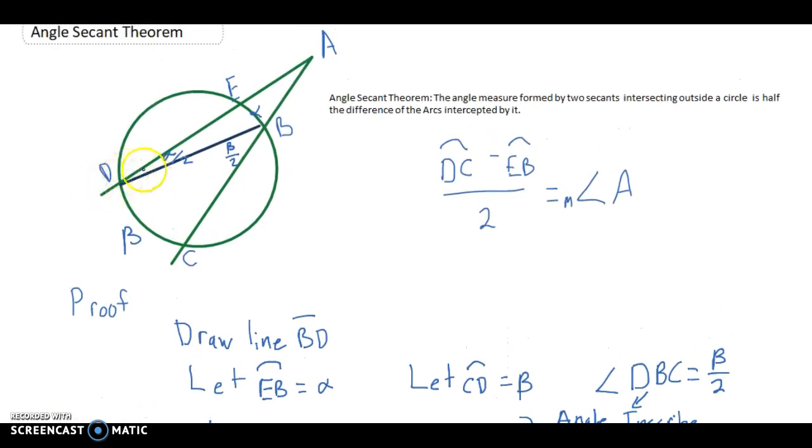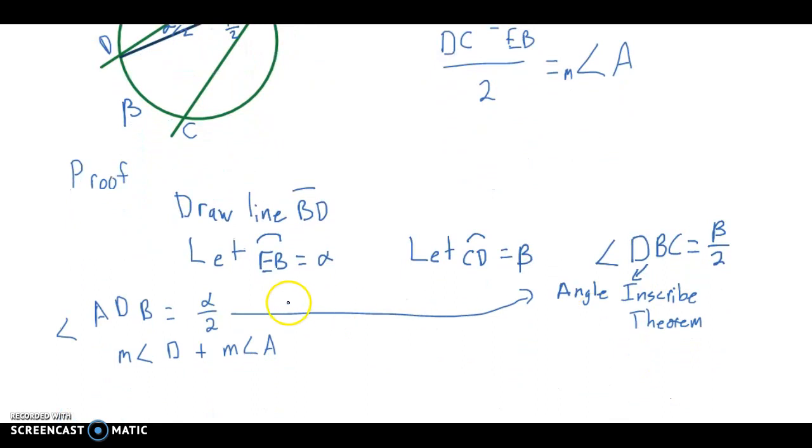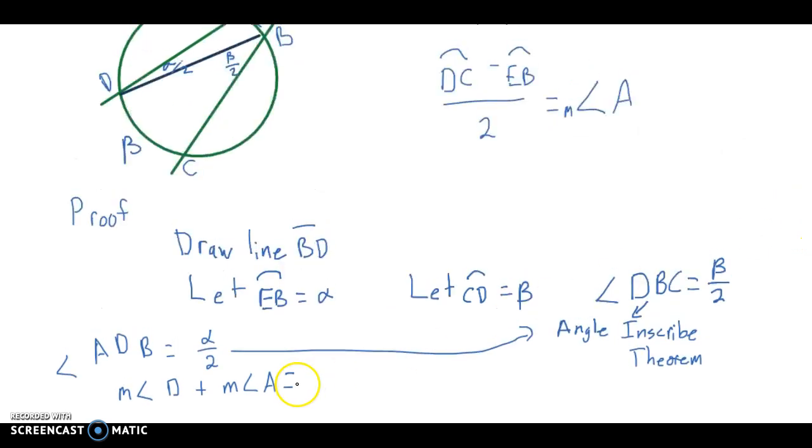So the measurement of angle D and the measurement of angle A, these two angles in this triangle, they are going to be equal to the measurement of angle DBC, which we already have defined to be beta over 2.